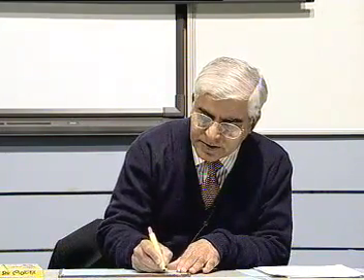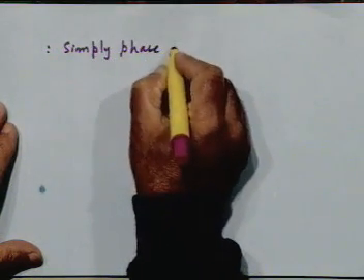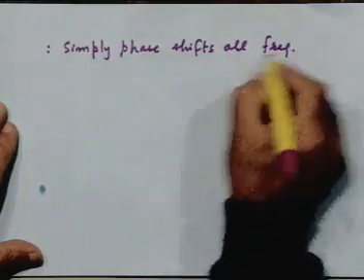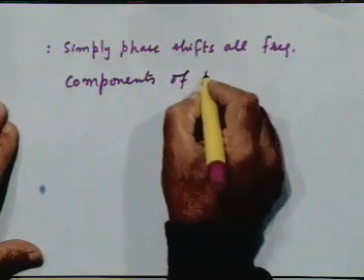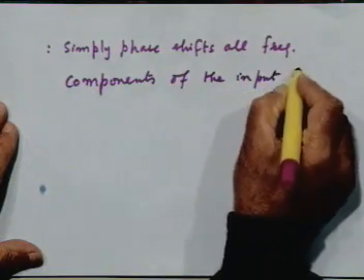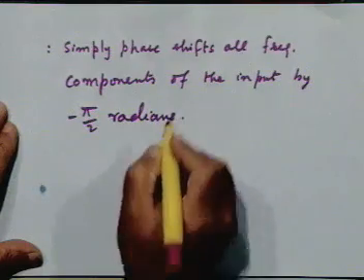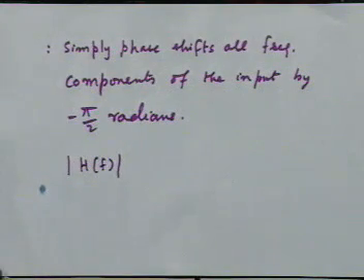So that's what the Hilbert transformer does. It simply phase shifts all frequency components of the input by this amount. So if you were to look at the magnitude characteristics of this filter, what will it be?